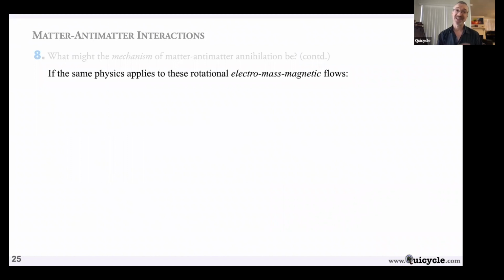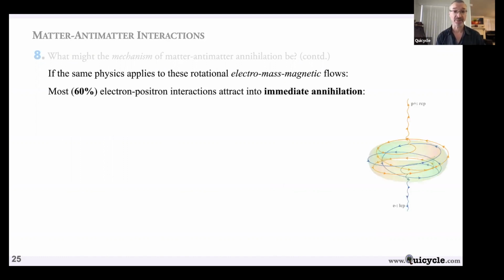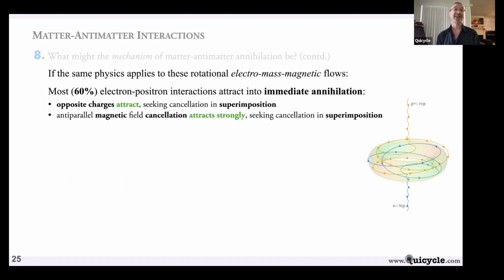So if this same physics applies to our rotational electromass magnetic flows, what might happen? Well, in the 60% of cases that annihilate immediately, we have opposite charge attraction that pulls them into superimposition. We have magnetic field cancellation, which reinforces an even more powerful confinement. This doubles the flow density, however it's confined.